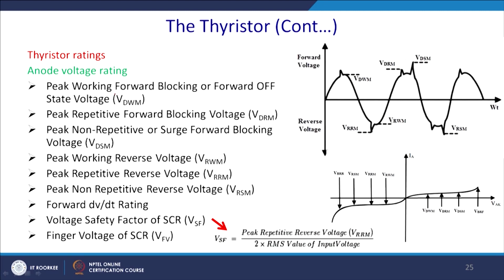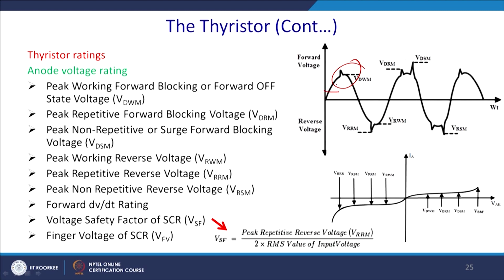First of all, the peak working forward blocking voltage, or forward off-state voltage, VDWM. This is quite important because it is a repetitive supply. This voltage has to be blocked.